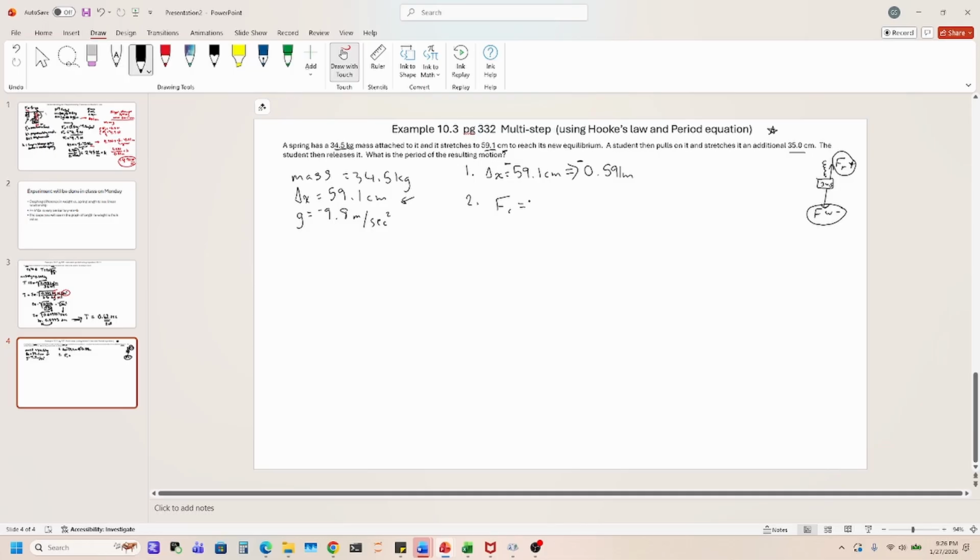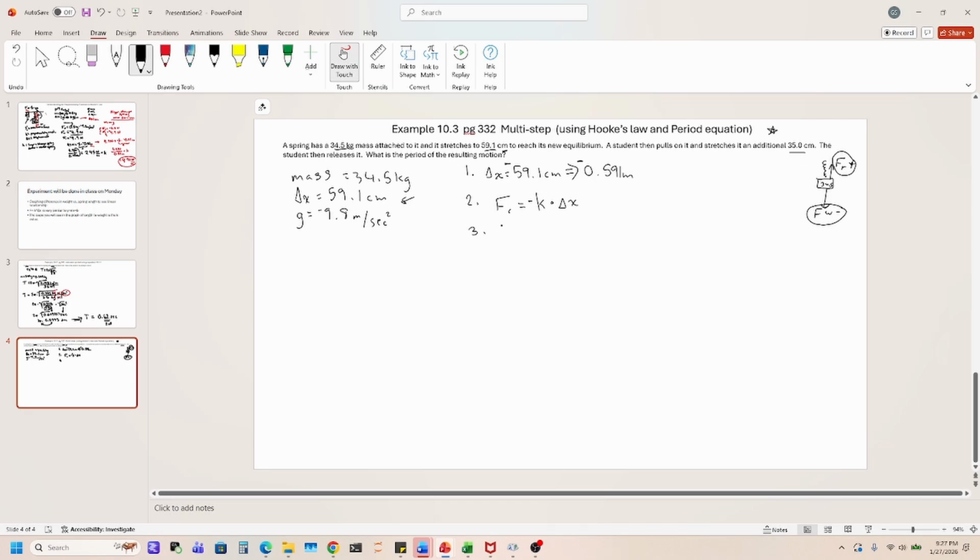So Hooke's law is force of the restoration is equal to our negative proportionality constant, or our spring constant. In this case, since we're dealing with a spring, we're going to multiply that negative K times our change in X, or our displacement. Okay, but do we know everything we need to know yet in order to be able to use this Hooke's law equation? Not quite yet.